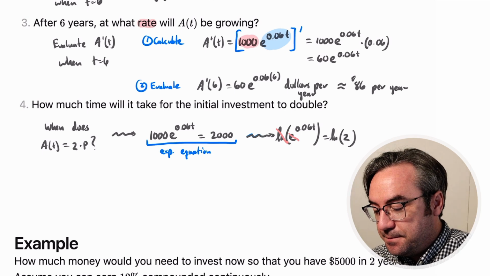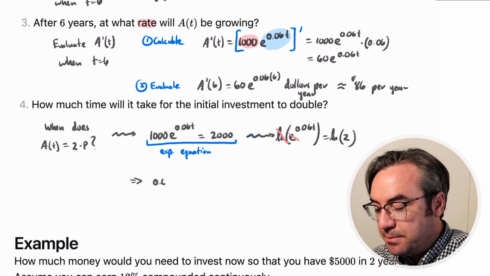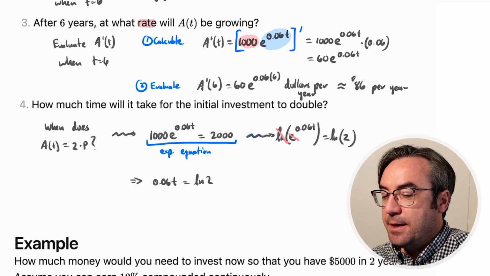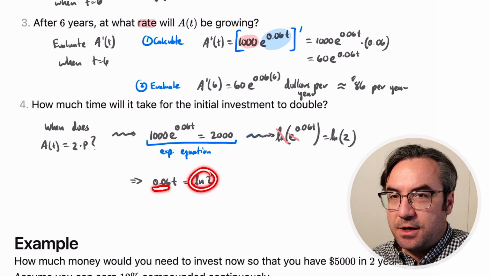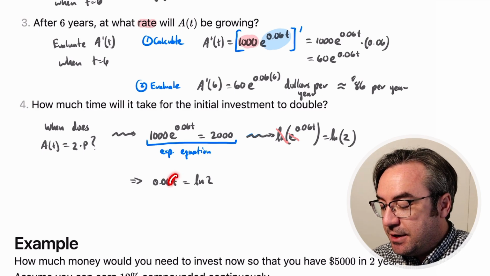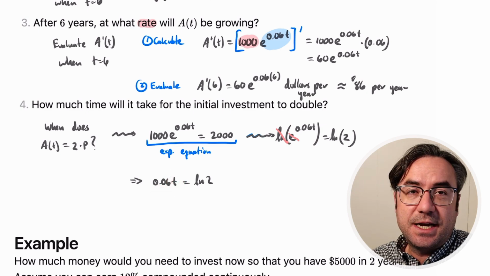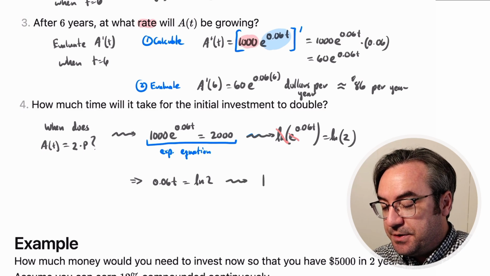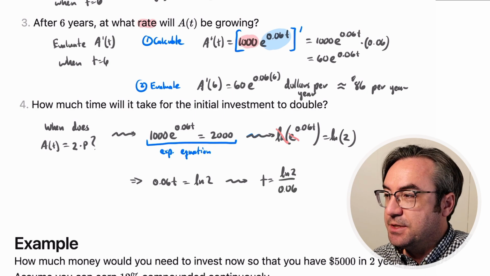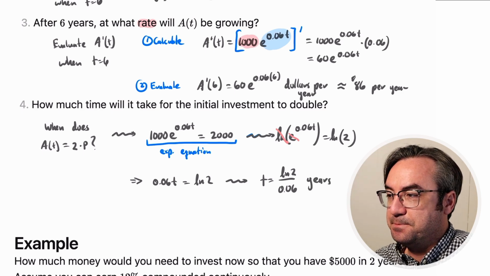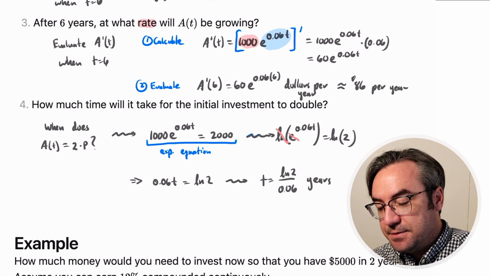When we do that, we end up with the equation 0.06t is equal to natural log 2. Even though natural log 2 is kind of fancy looking, these are just numbers. We want to get t all by itself, so we divide both sides by that decimal. We end up with t equal to natural log 2 divided by 0.06, and our units for t are years.